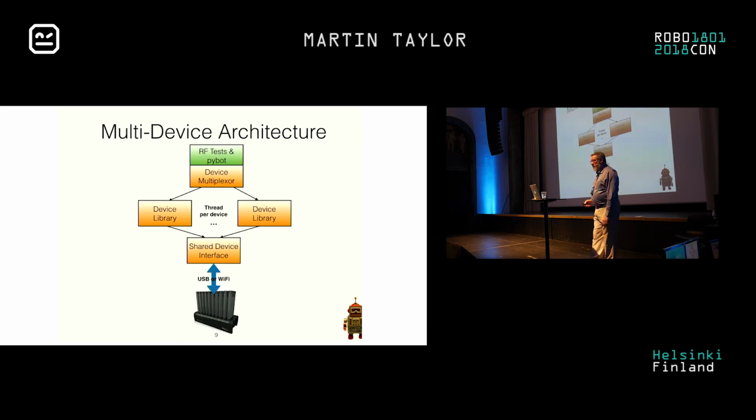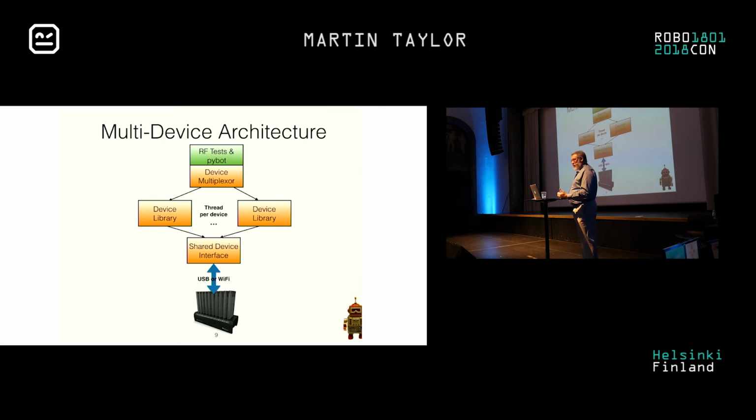So the architecture that we came up with for this is to take a standard Robot Framework device library that we already had when we first started doing single device tests and build on top of that a device multiplexer. And then that device multiplexer is given parameters that tell it how many devices to expect and how to deal with the addressing of them and that sort of thing.